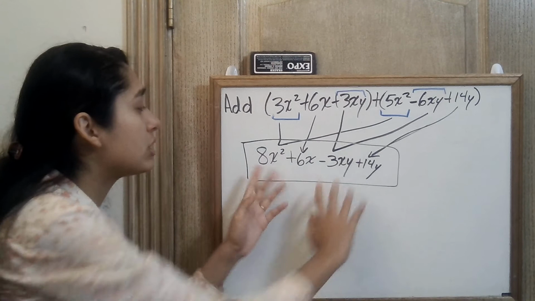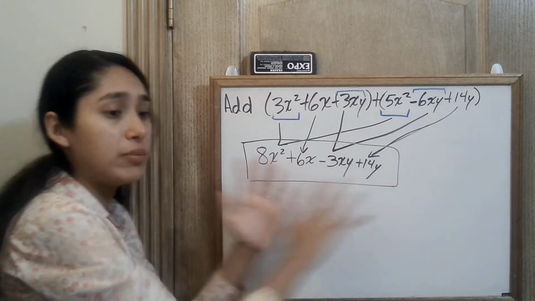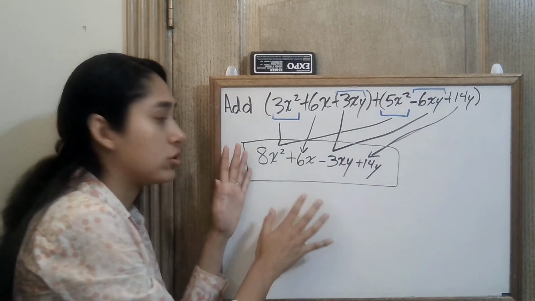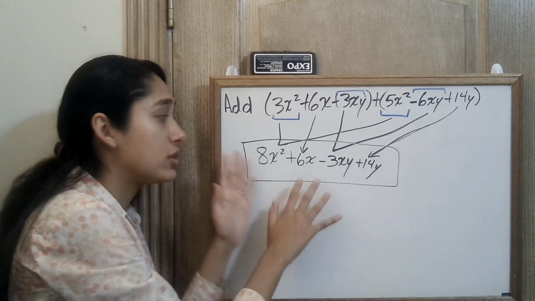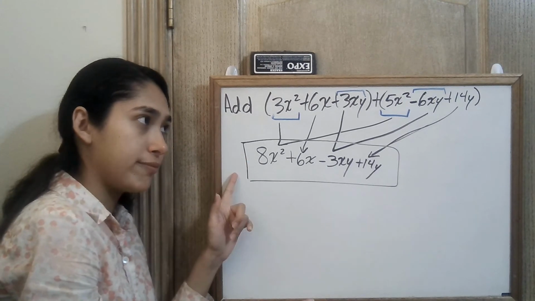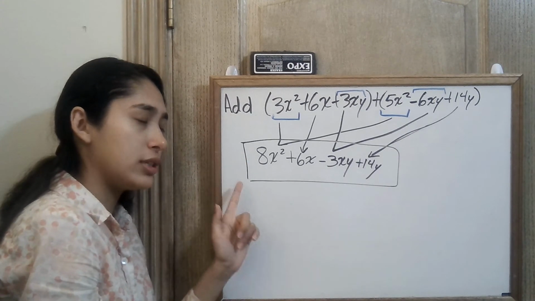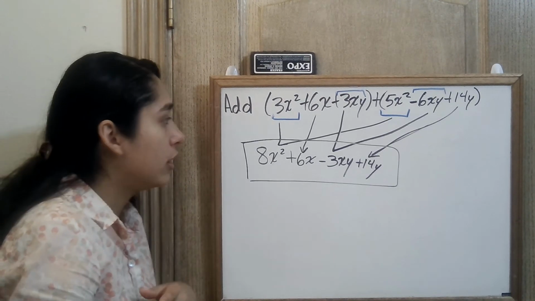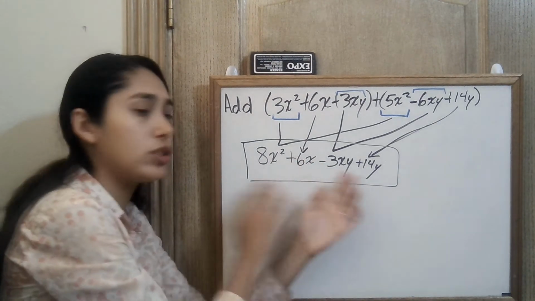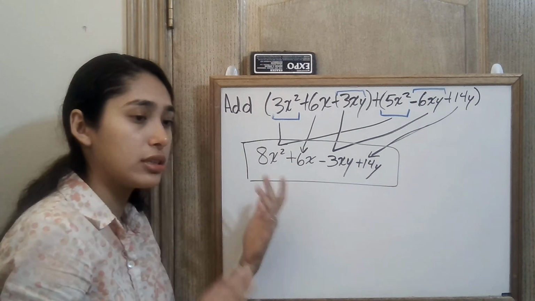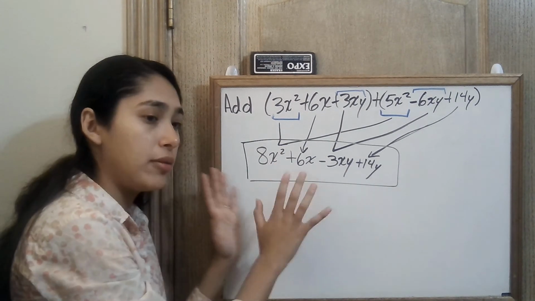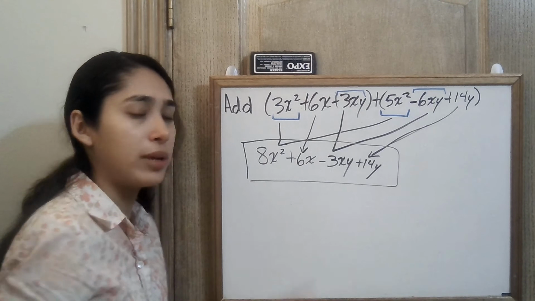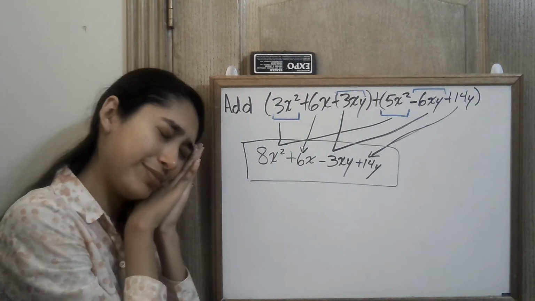Your answer choices might have the terms scrambled. So just because your answer does not match the sequence of the answer choices does not mean it's wrong. If you just move around the terms, it's really just the same polynomial. Be on the lookout for that. That's why they say sleep 4.